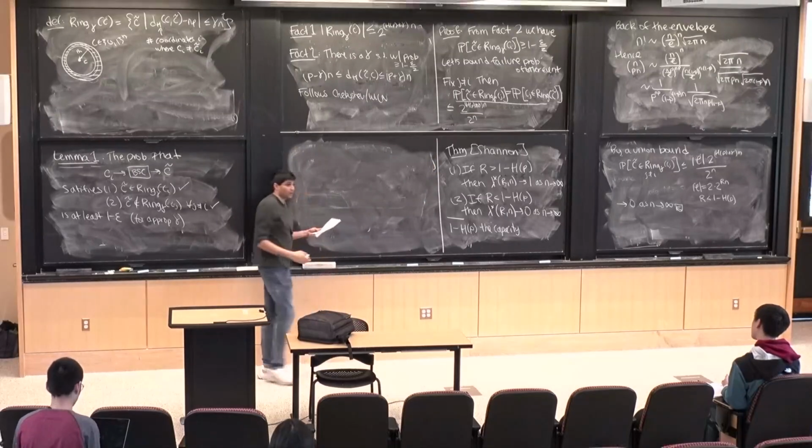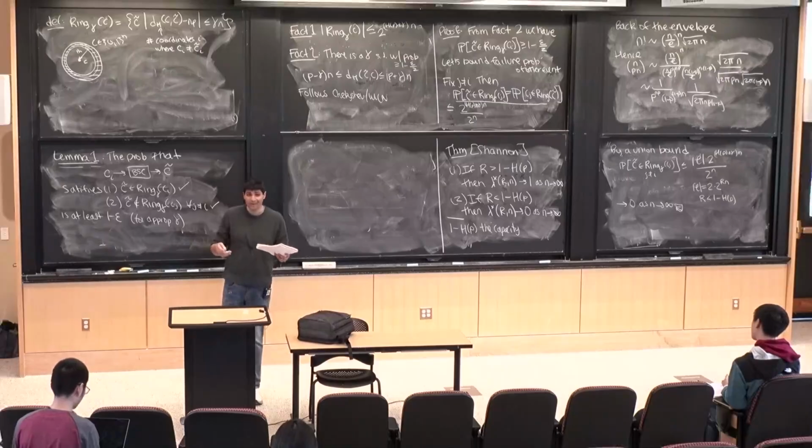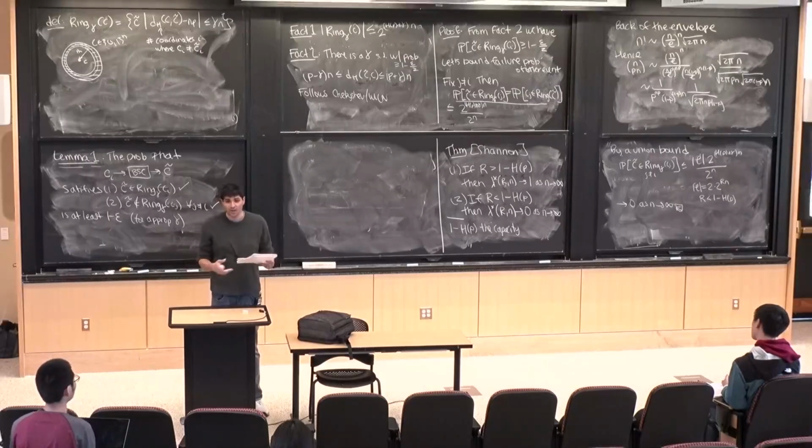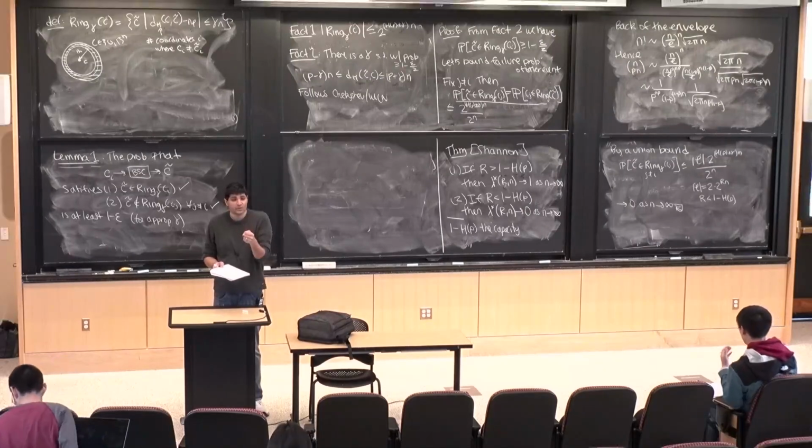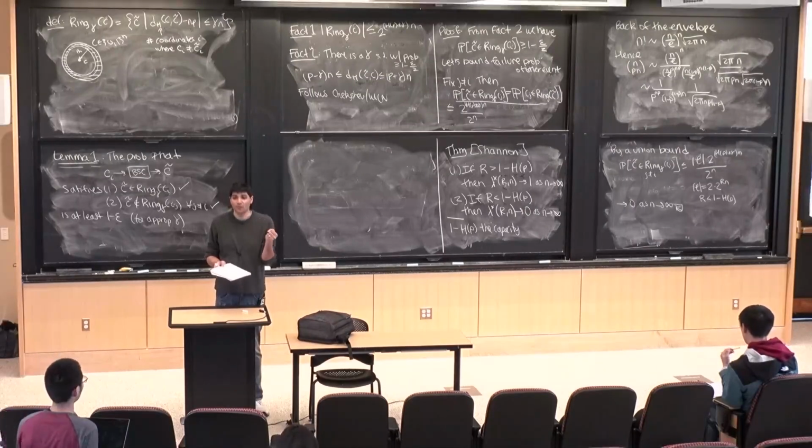And that codebook then defines what the encoding and the decoding functions are. Our encoding sends each message to one of those randomly chosen code words in our codebook. Our decoder just looks at which message's ring you belong to.